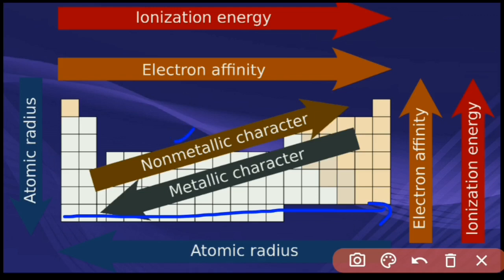And non-metallic character increases when we move from left to right in a period, and non-metallic character decreases in a group when we move from top to bottom. So all these properties are based generally on the atomic size and the attraction force between the nucleus and valence shell electrons.